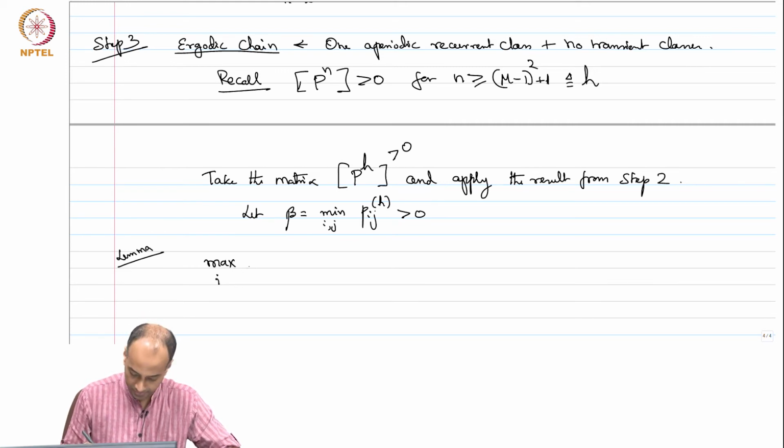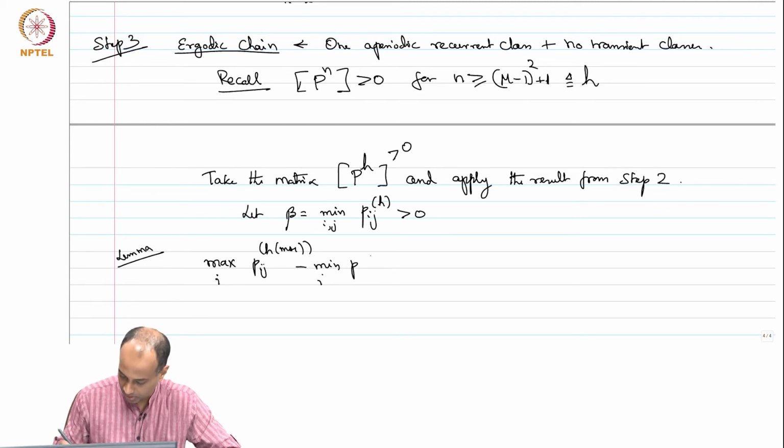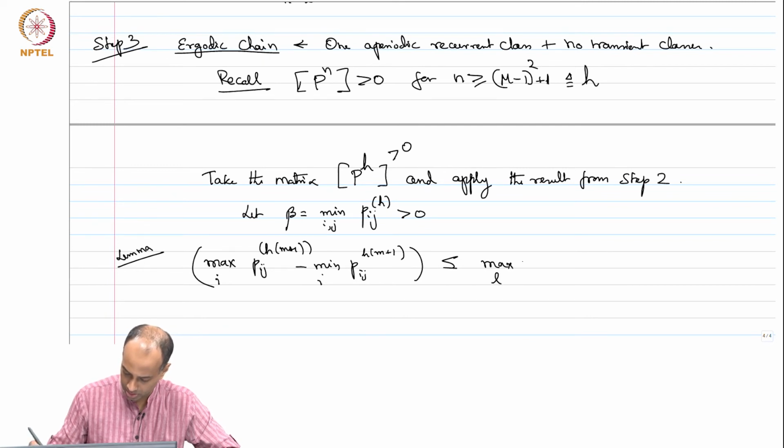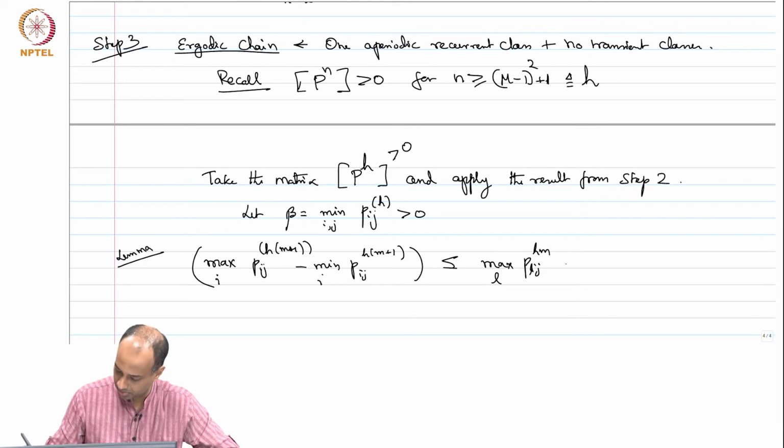Max over i of Pij^(h(n+1)) minus min over i of Pij^(h(n+1)) is not equal to the same thing with n plus 1 replaced with n, right? Hn minus min Pij Hj.